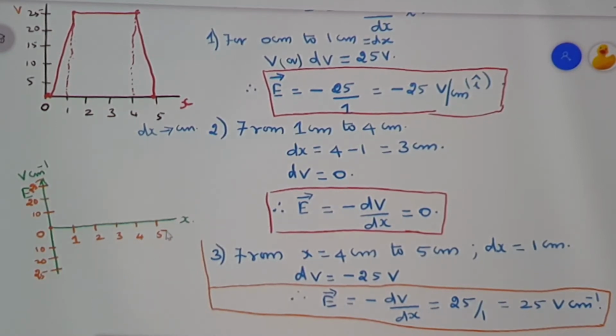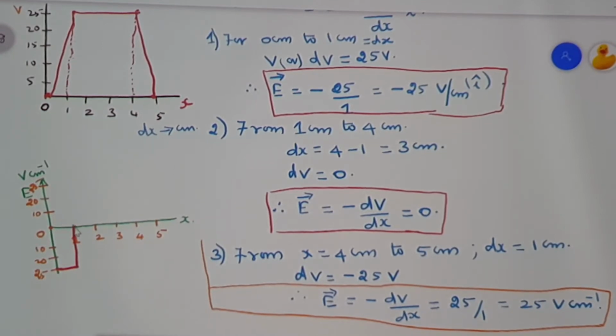Now, how to draw the graph? When the distance varies from 0 to 1, the electrical field is minus 25 volt per centimeter. Then it varies from 1 to 4.